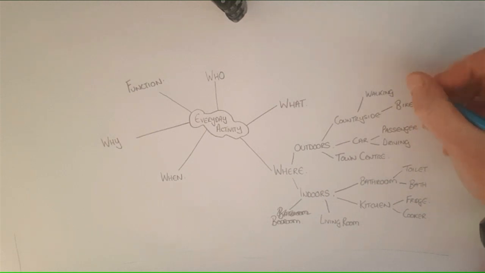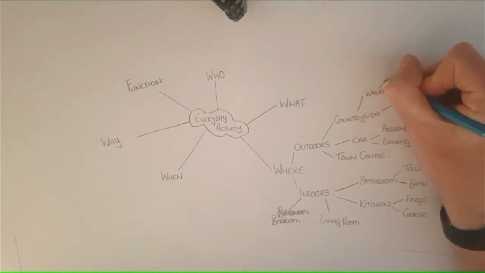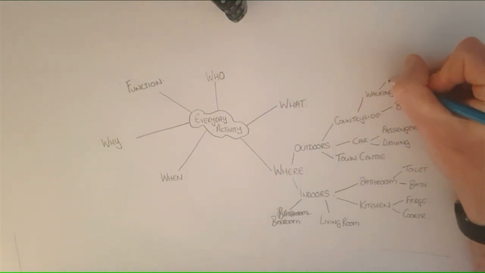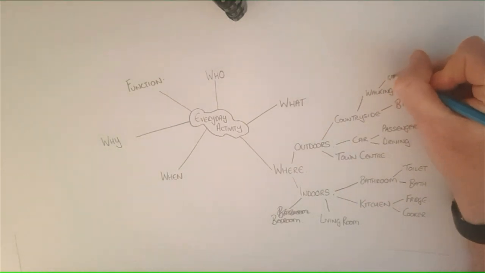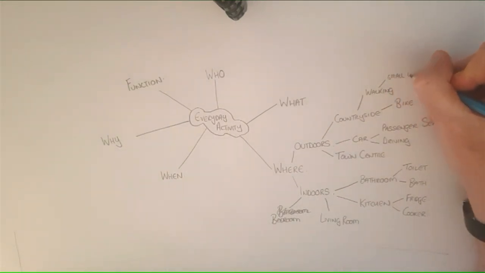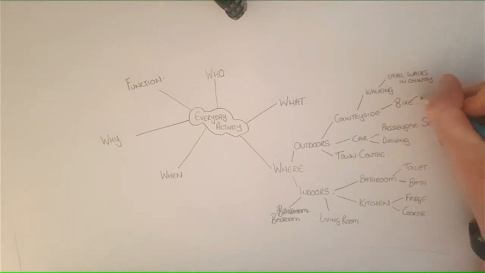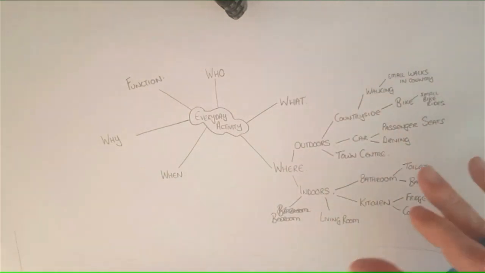So when you say walking, you could then put walking, so small walks in country, and then bike, small bike rides. So you just elaborate just a little bit more, just so we've got a little bit more of an understanding.